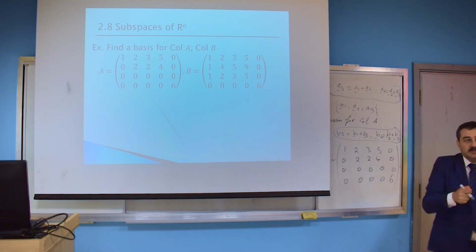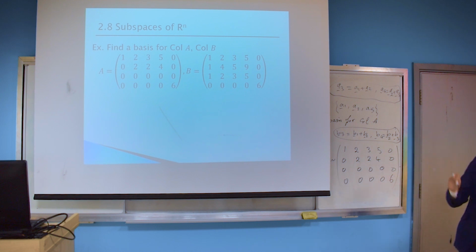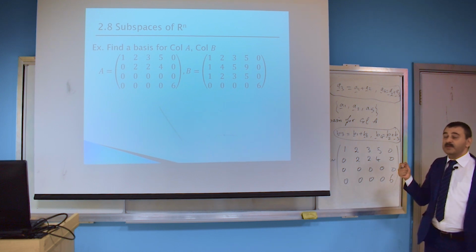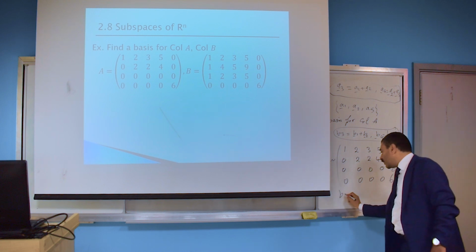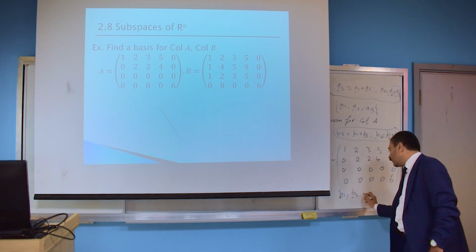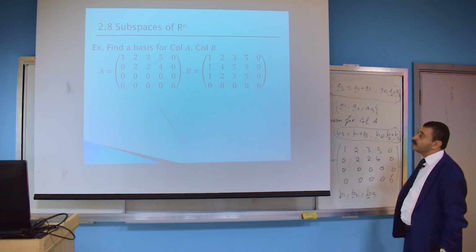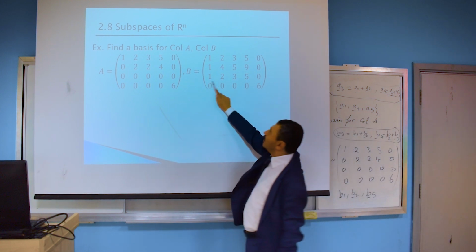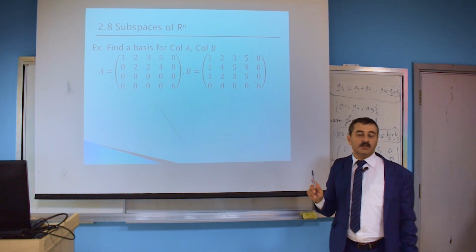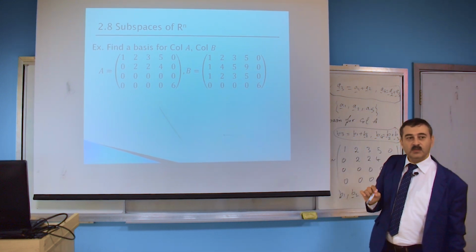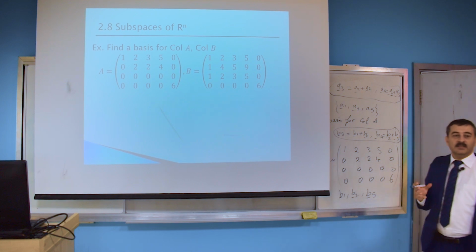How to determine what columns to take as the basis for the column space? We said that we are going to take B1, B2, and B5, which are these guys, 1, 2, and 5. I need a way to find it.